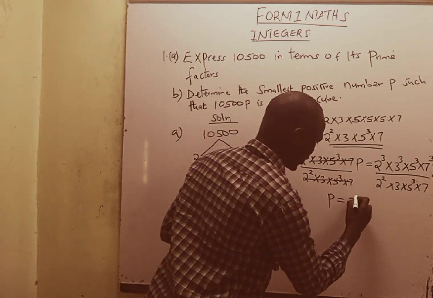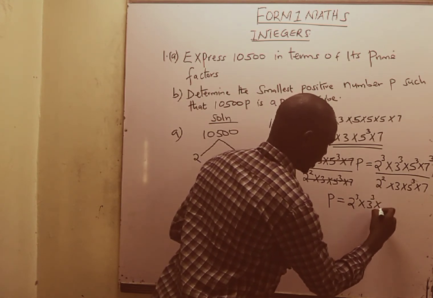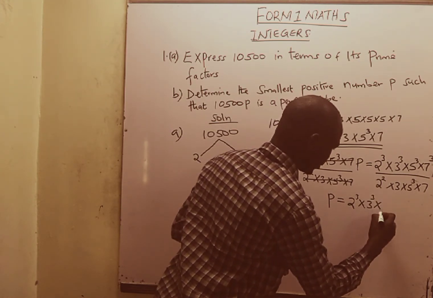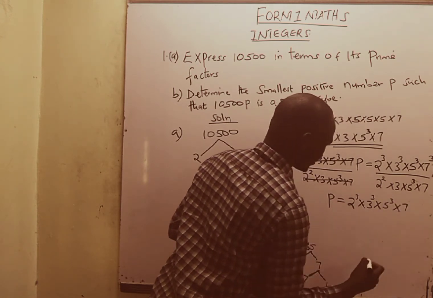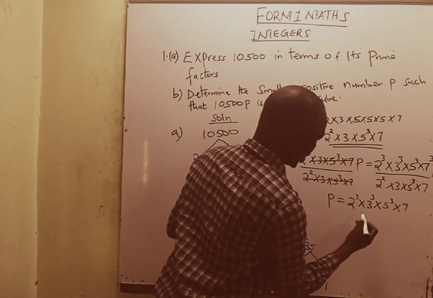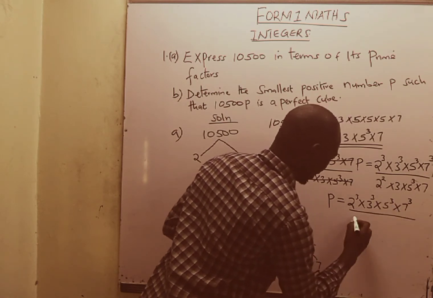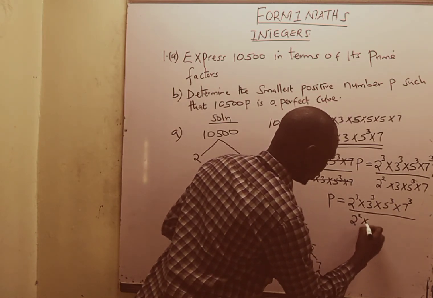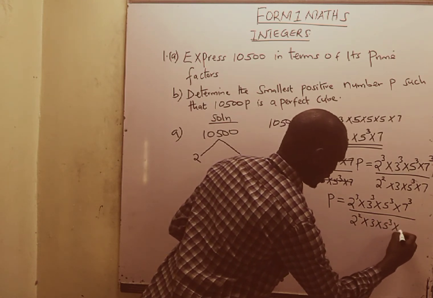Our p is going to be equal to 2 power 3 times 3 power 3 times 5 power 3 times 7 power 3, everything divided by 2 power 2 times 3 times 5 cubed times 7.